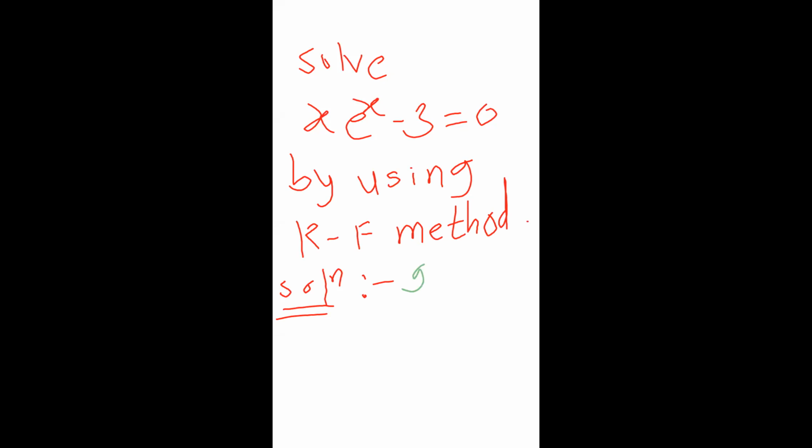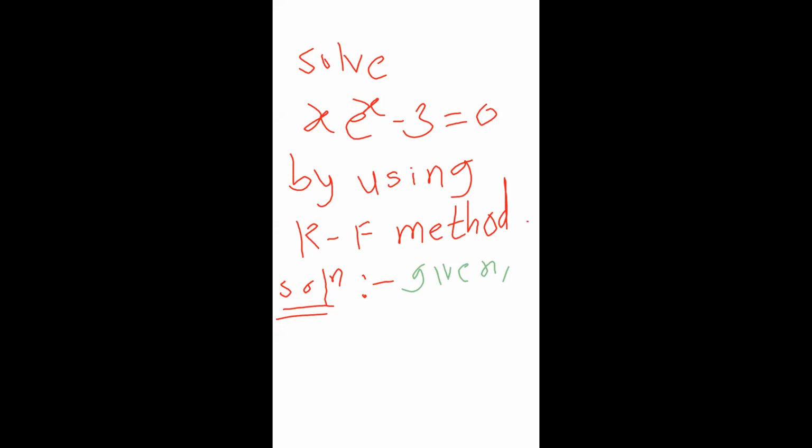Given. So before moving towards the solution of the example, tell me, by using regular falsi method, how could we find the iteration? By using which formula? What is the formula to find the iteration by using the regular falsi method or false position method?